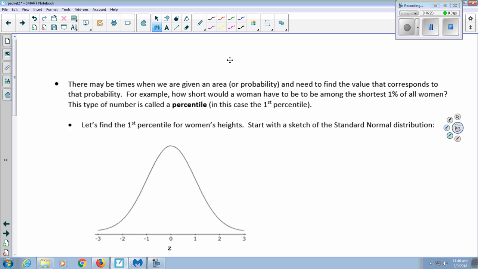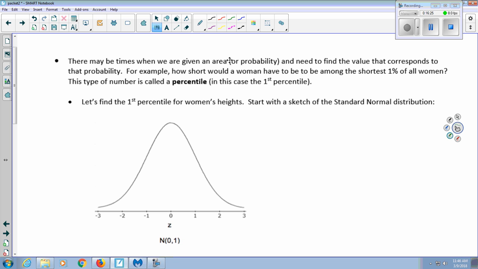These types of problems are basically a reverse of what we were just doing. There may be times when we're given the probability or the area, and we want to know what height corresponds to that. Oftentimes we're going to be seeing the word percentile in these types of problems. For example, how short would a woman have to be to be among the shortest 1%?